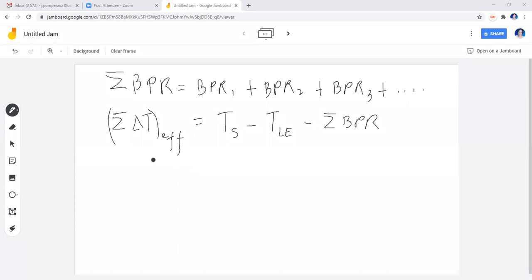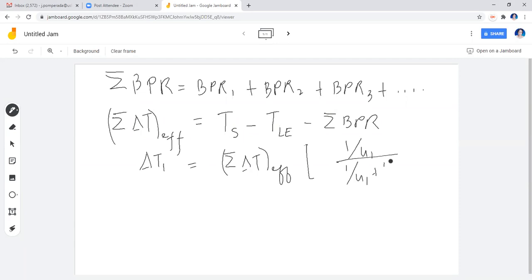So all your formulas this time, when you determine the delta T, for example delta T1, will now be the summation of delta T, and I will place here effective. Same formula: you have 1 over U1 over 1 over U1 plus 1 over U2 plus, depending on the number of effects that you have in your multiple effect evaporation.